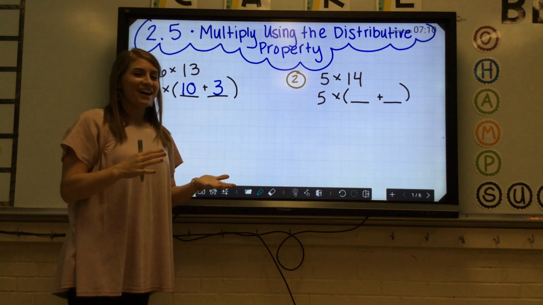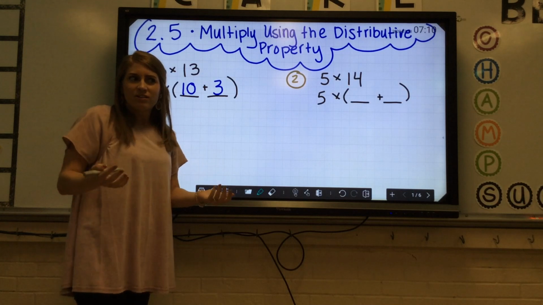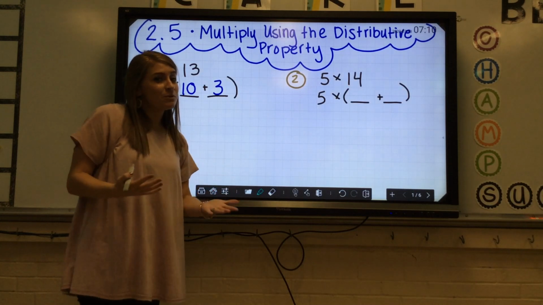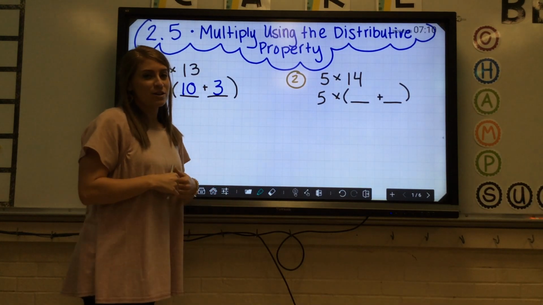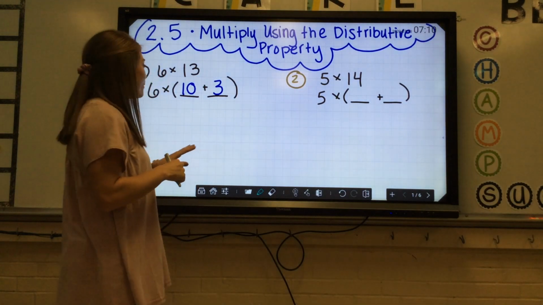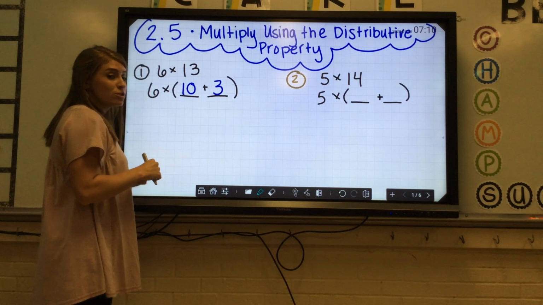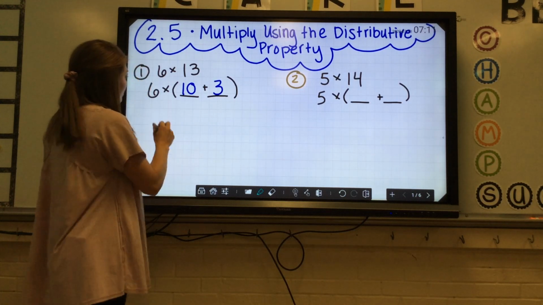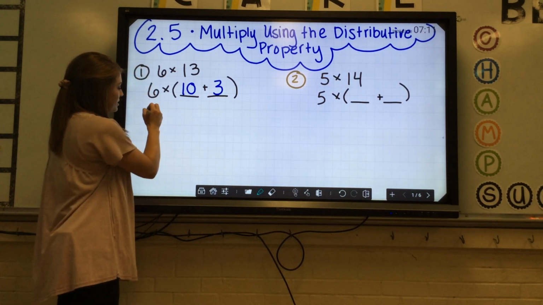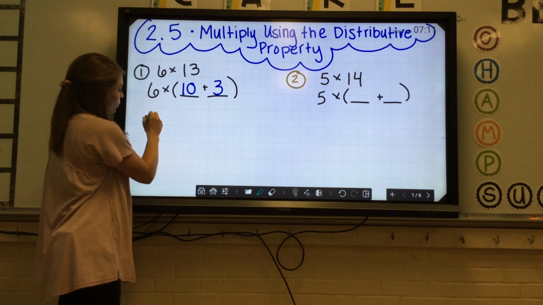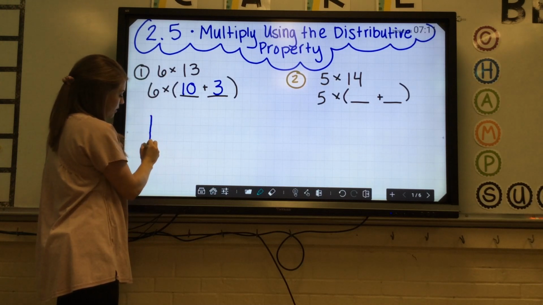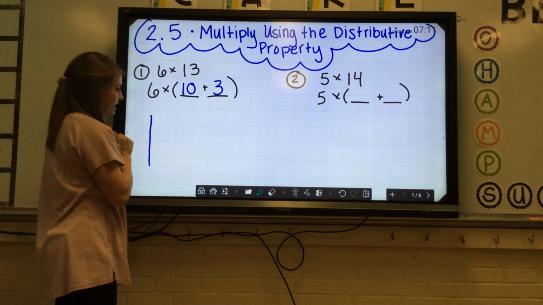I know you're like, okay, Miss Stevenson, I don't really understand what we're doing here. Let me show you. This number 6 right here, I'm going to start drawing a box. I'm going to draw 6 boxes going down: 1, 2, 3, 4, 5, 6.